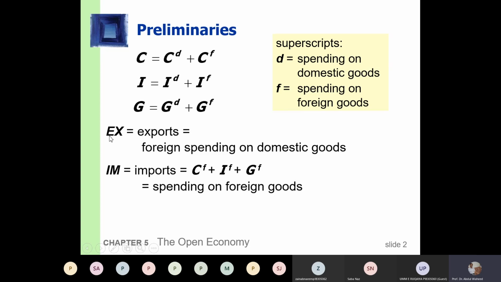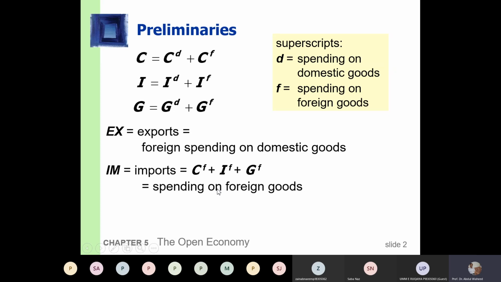And then we have export. Export is the spending of foreigners on domestically produced goods. So this is the foreign spending on domestic goods. We are making expenditure on foreign goods and foreigners are making expenditure on our domestically produced goods.